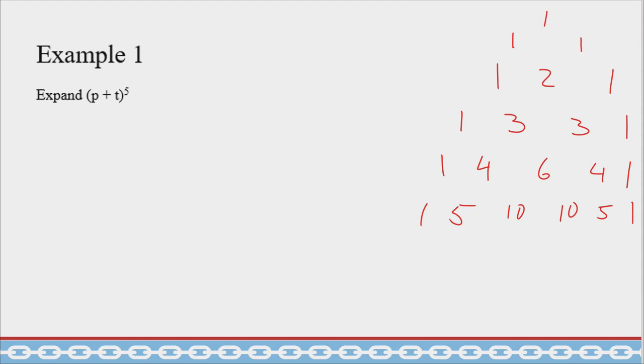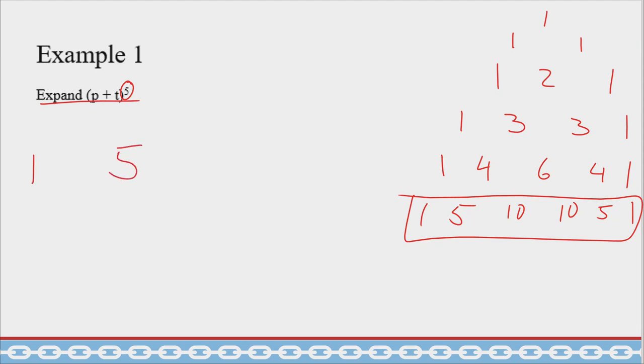Because this is to the 5th power, I am going to use row 5 of Pascal's triangle. Those 6 numbers are my coefficients for my expanded version of this. So I am going to write them down and spread them out, because there's other stuff that's going to go in between.